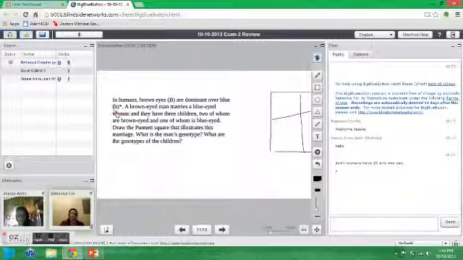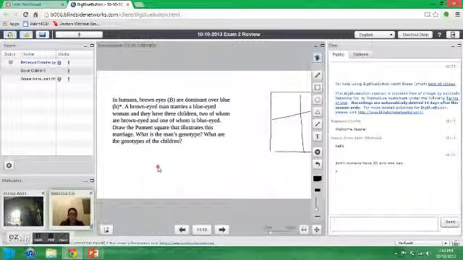So in humans, brown eyes are dominant over blue eyes. And in here it already gives you the lettering, right? That's what Professor Rosen said to do very first every time, is to give it a letter. So brown eyes are dominant, so they get the big B. Blue eyes get a little b. And we know that a brown-eyed man marries a blue-eyed woman.